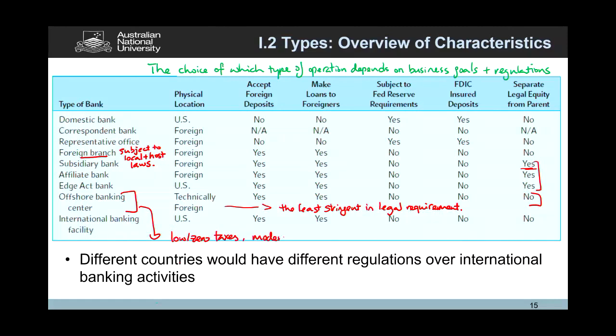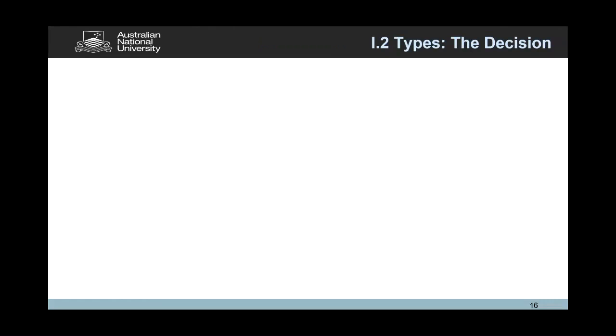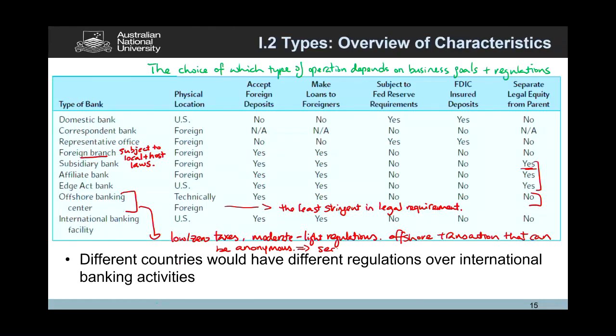Moderate to light regulations, and also they're able to engage in a lot of offshore transactions that can be anonymous. So you have a lot of secrecy around them.